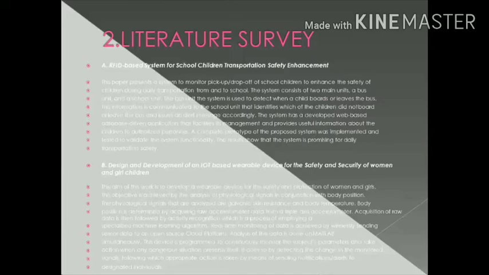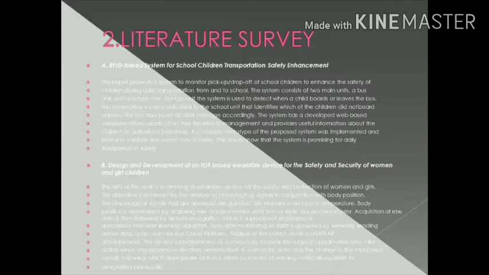Coming to the second literature survey, it's the design and development of an IoT-based wearable device for the safety and security of women and girl child. The aim is to develop a wearable device for the safety and protection of women and girls.